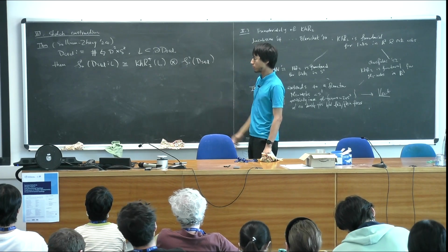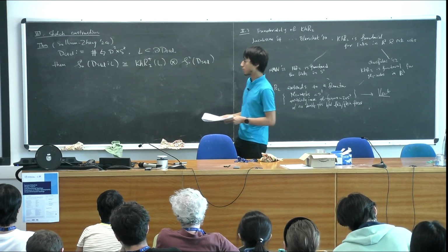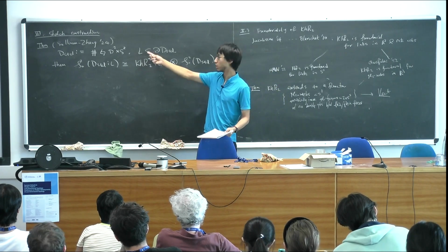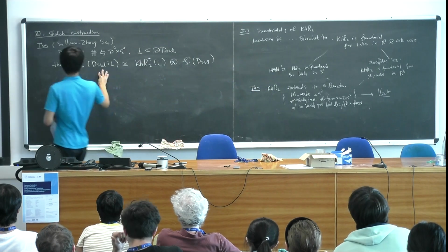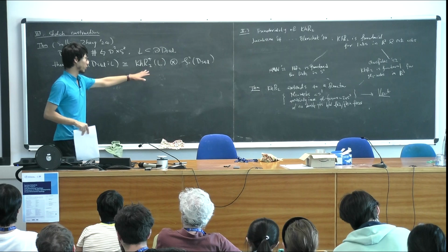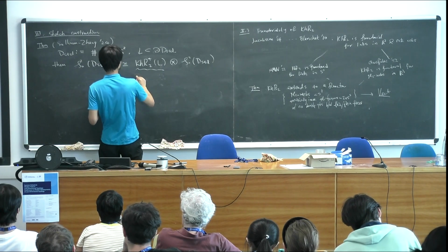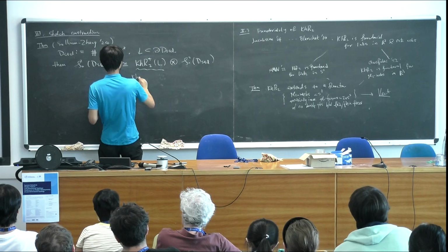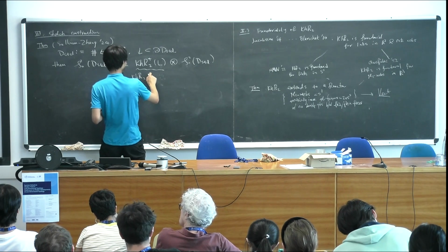So they prove that there is, not quite canonical, but if you fix a link diagram of the link L, then you get a canonical isomorphism between this skein lasagna module with boundary link L to this, kind of a dual of the Rozansky-Vonis homology.